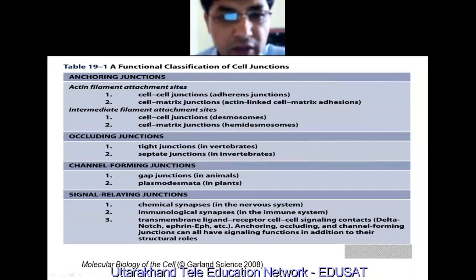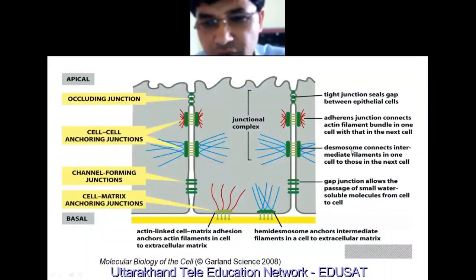And this is also a part of your cell-cell anchoring junctions, desmosomes. Now these desmosomes are supported by intermediate filaments, and the adherent junctions by actin filaments, right? And this is a junctional complex. The one is the adherent junctions, desmosomes, and this is tight junctions.